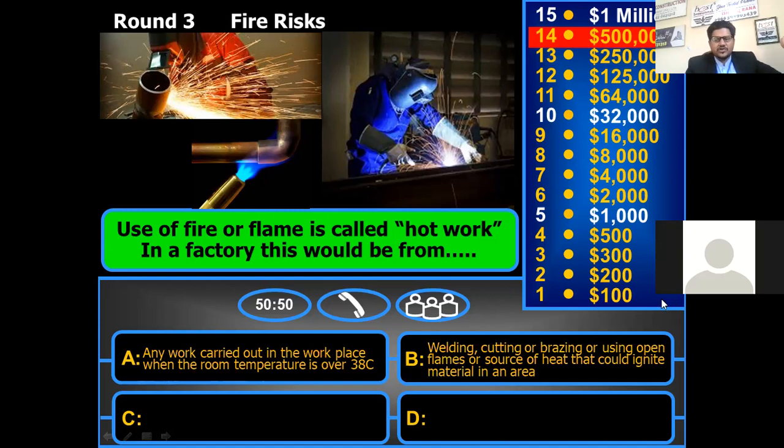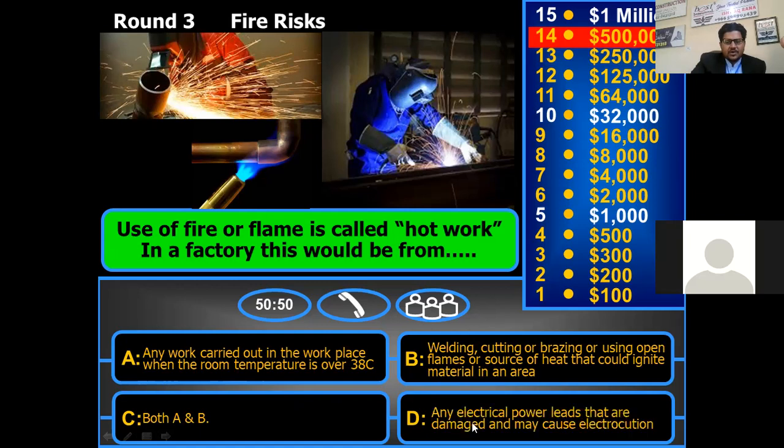Welding, cutting, or brazing, or using open flame, the source of heat that could ignite material in an area. Both A and B, or any electrical power leads that are damaged and may cause electrocution. So what is your answer?